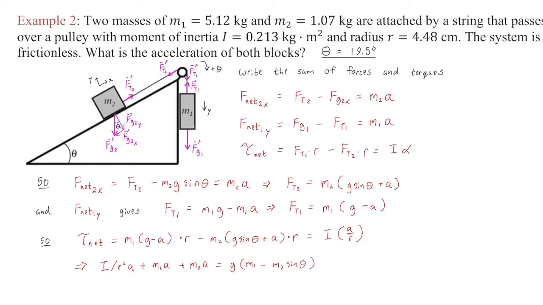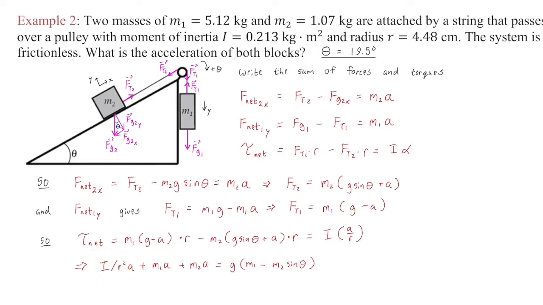So I'm going to take all my terms that have a and move them over to the right-hand side. I'll distribute m1 a and move it over here, and then I'll distribute negative m2 a and move it over there. It's actually pretty simple, because they're both negative, so they both become positive when I move them to the right-hand side. So then I end up with I times a. This is all multiplied by a, by the way. It's not as clear as it should be. So I over R squared.